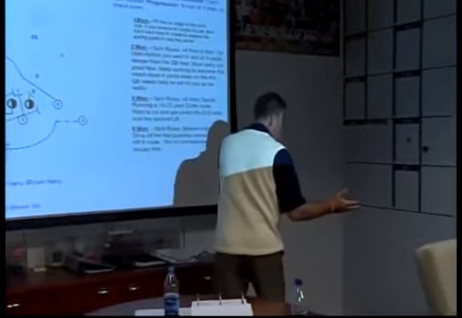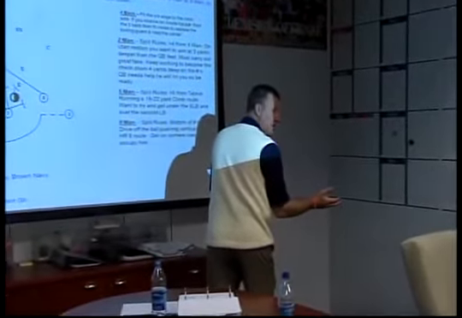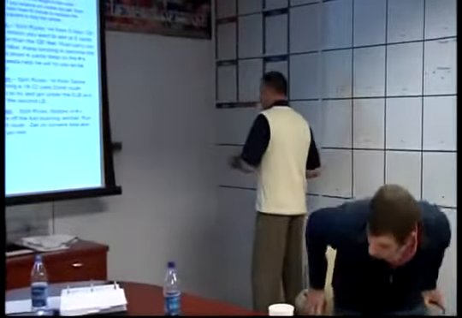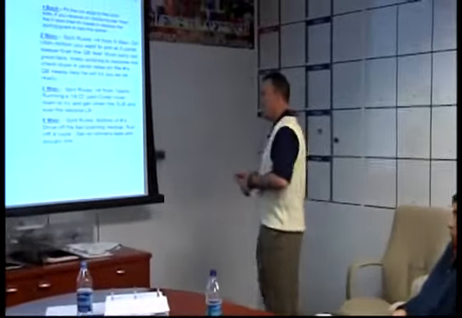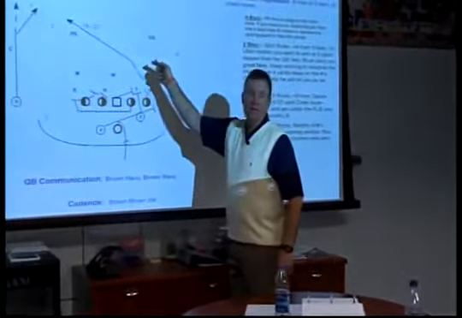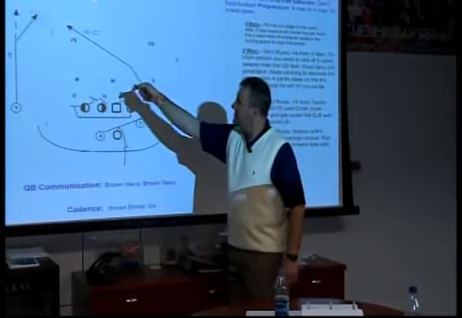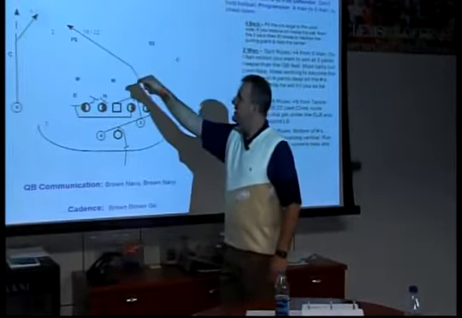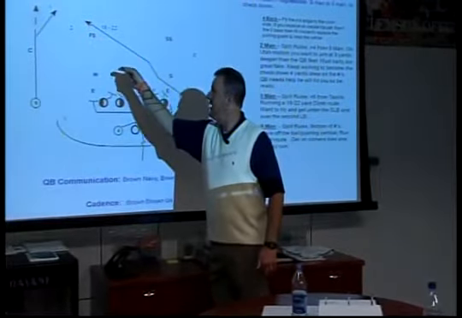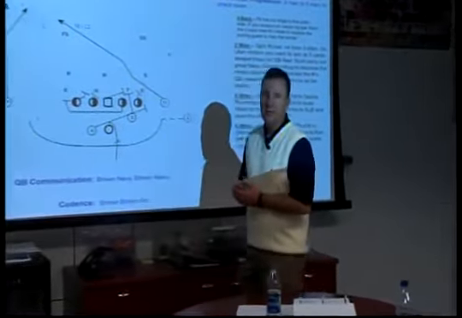As I fake the reverse, I'm going to throw eyes at him as he goes, and I'm going to take a 3-step gather throw. So after I carry my reverse fake out, I'm taking a 3-step gather with my eyes on the safety. I'm looking for, is the safety over the top? Is he attaching to the climb route? Because this guy right here is going to tell me basically everything I'm going to need to know.